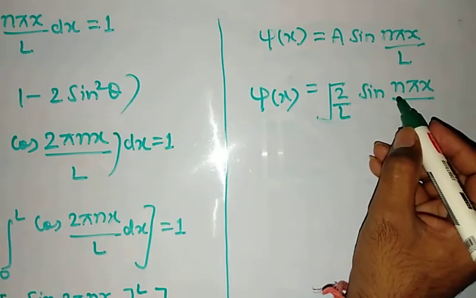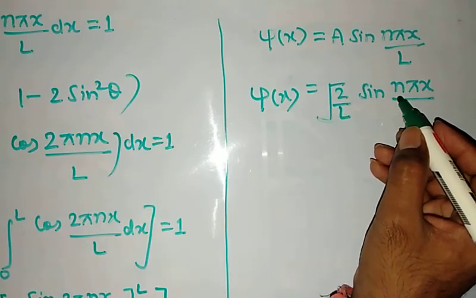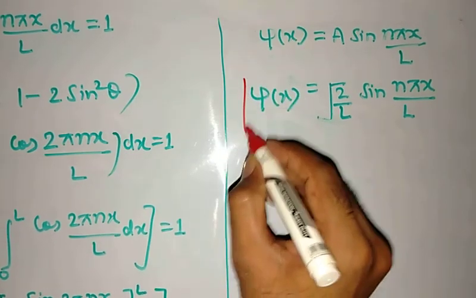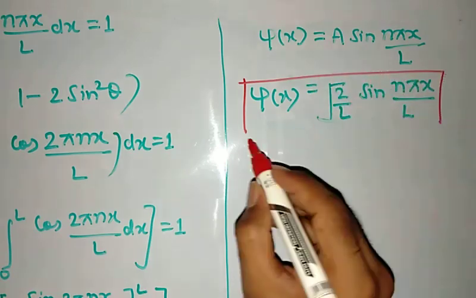Again we have here n, as in the case of E also. So we have found the wave function for a particle in a box.